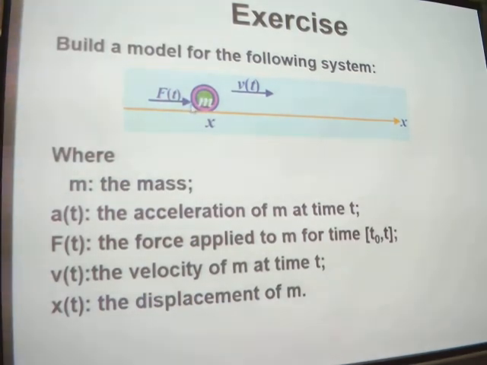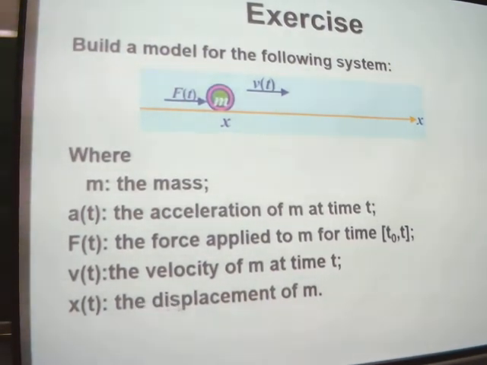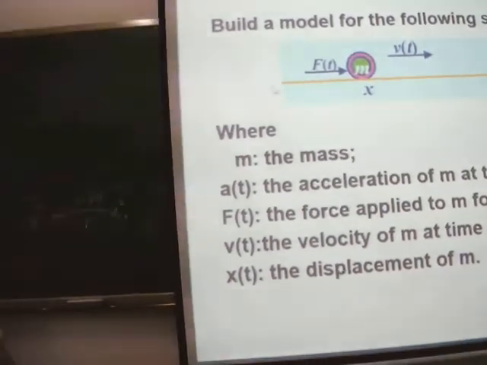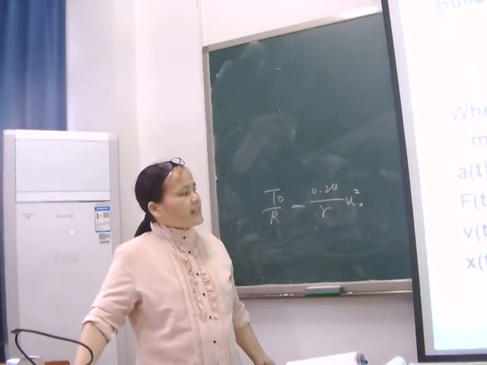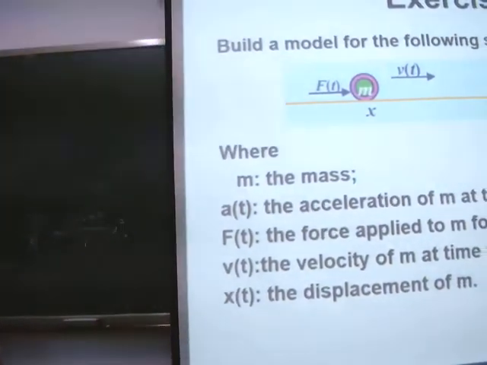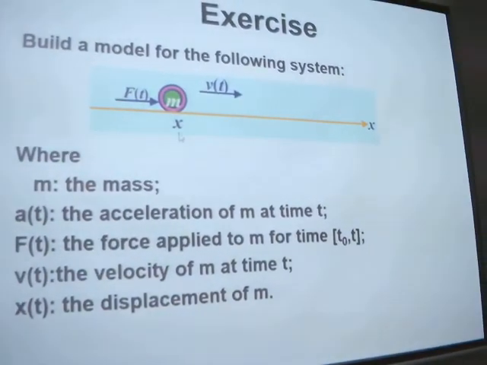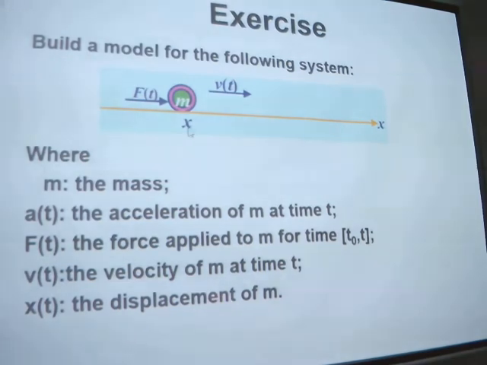Now is the force on this mass. The force applied to m for time t0 to t. And this vt is the velocity of the mass at the time t. And the xt is the displacement of m. Now, how to make the model for this system?